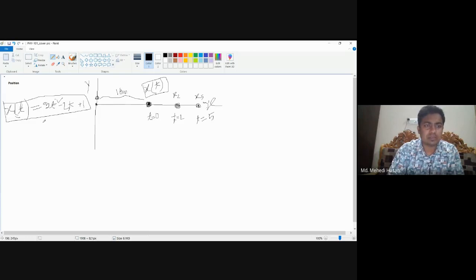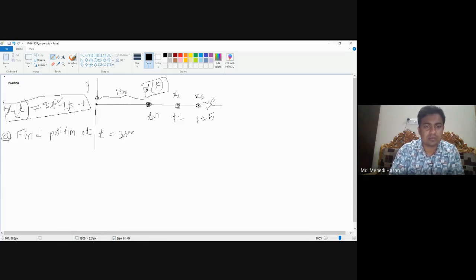Now from this, say the question is given like that: find the new position at t equal to 3 seconds.